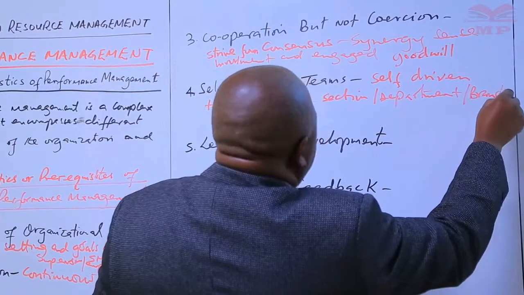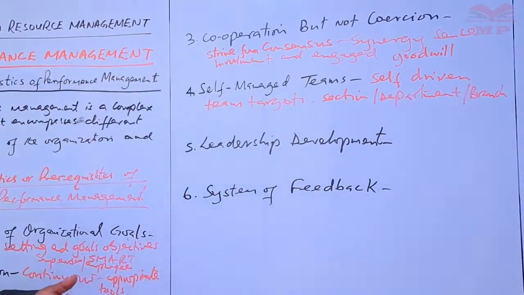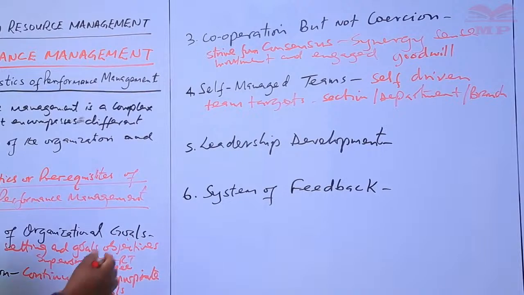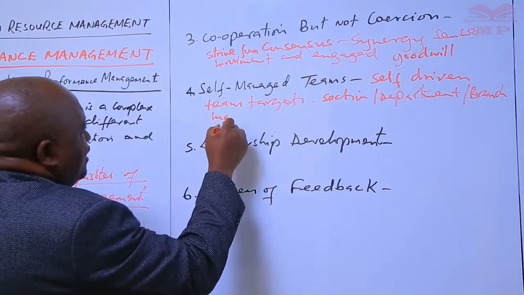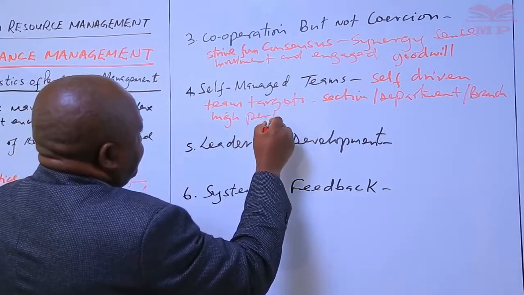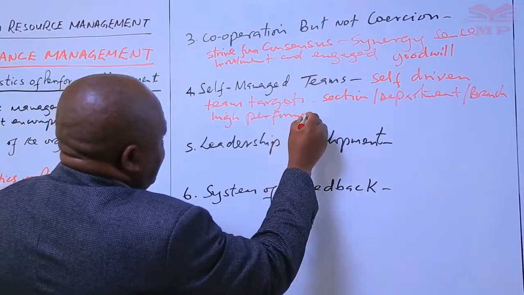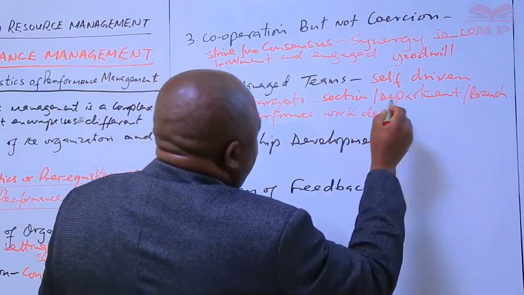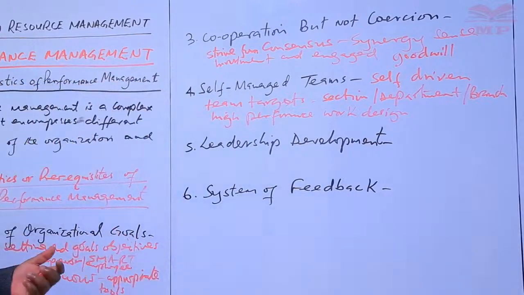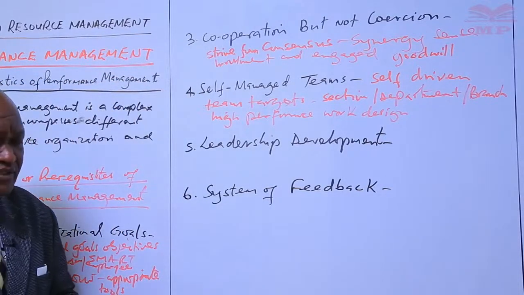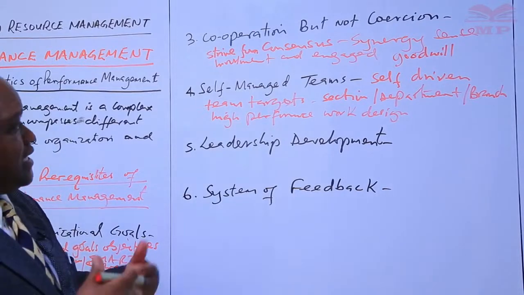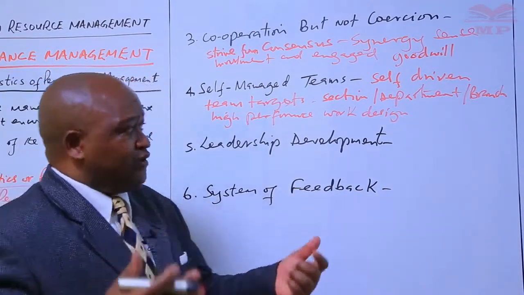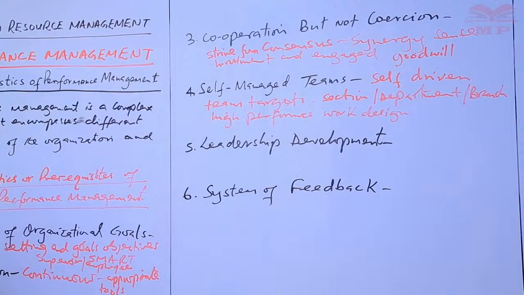Once you have self-managed teams which are self-regulating, it is also possible to get what you call high performance work design, where there is an element of autonomy and individuals are innovative. These self-managed teams can contribute towards team targets, and they can also be given what are called team incentives.